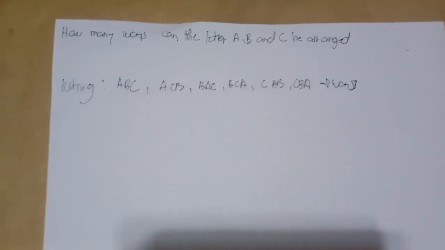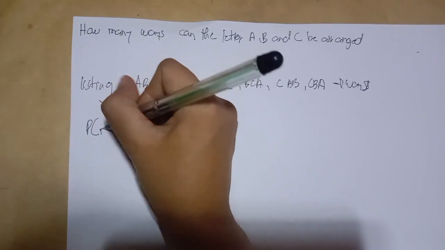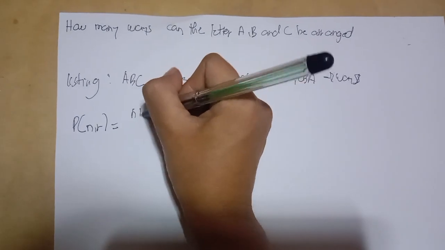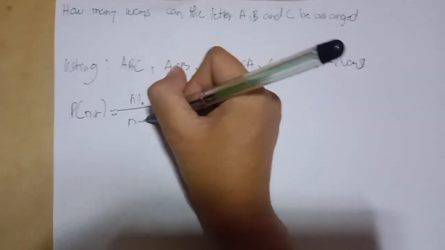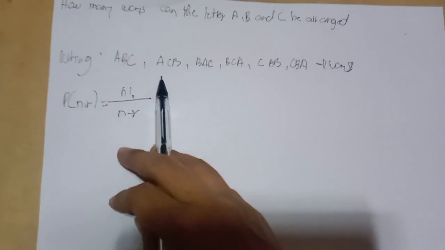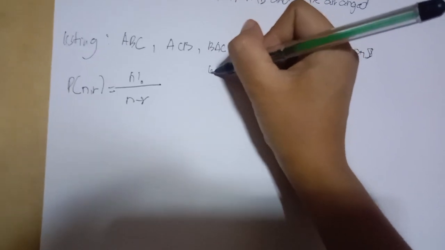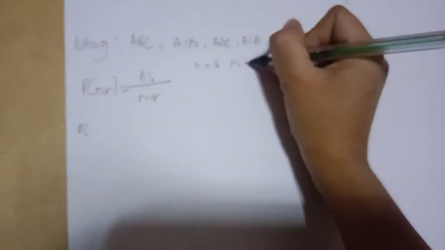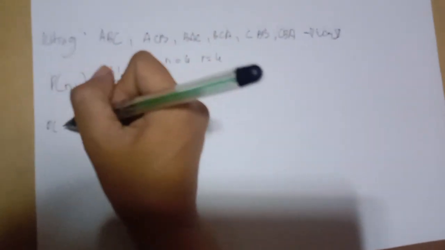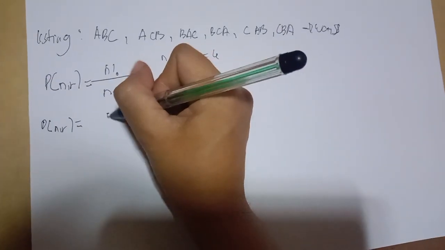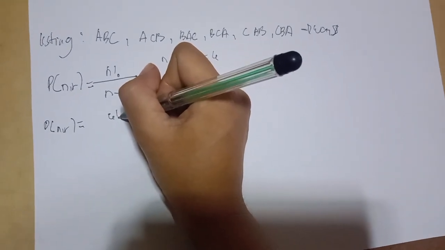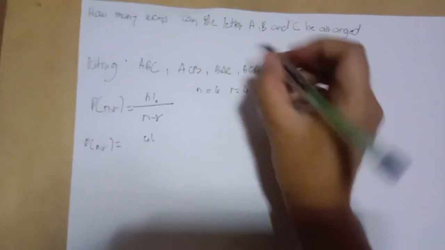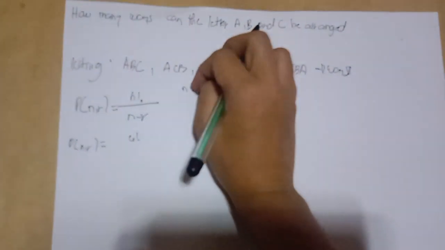If we use the formula, the permutation has a formula which is P(n, r) equals n factorial over (n minus r) factorial. The n is actually 3, and the r is 3.